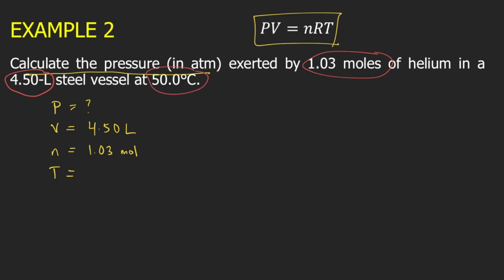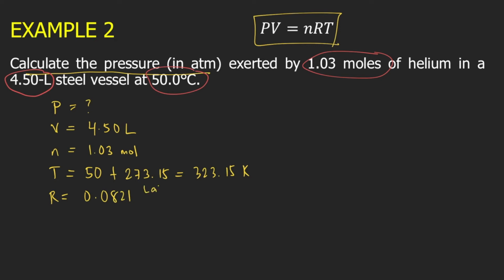But again, we will convert this into Kelvin by adding 273.15. So 50 plus 273.15, this is equal to 323.15 Kelvin.